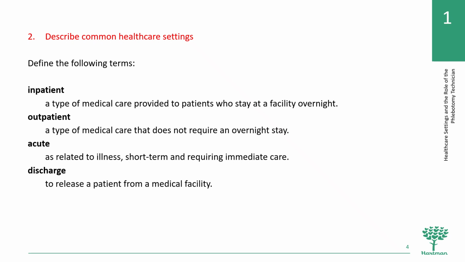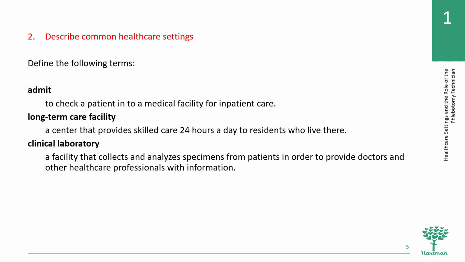They are organized into different departments to care for patients with different needs. Hospitals also have emergency departments where care is provided to patients who need immediate care for any injury or illness. Patients are either discharged and released from the medical facility, or they are admitted, checked in to receive inpatient care.